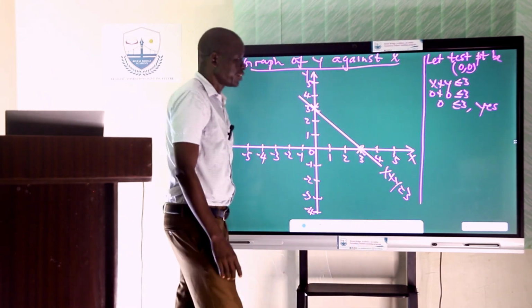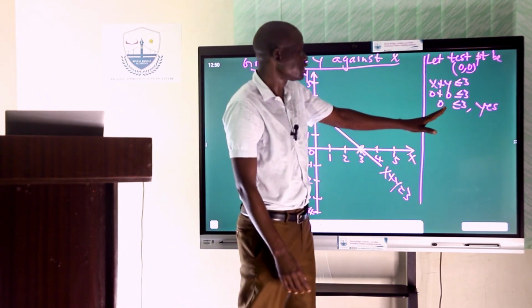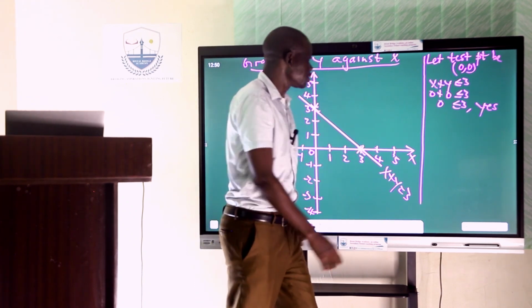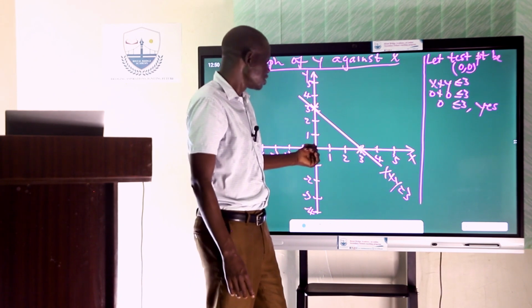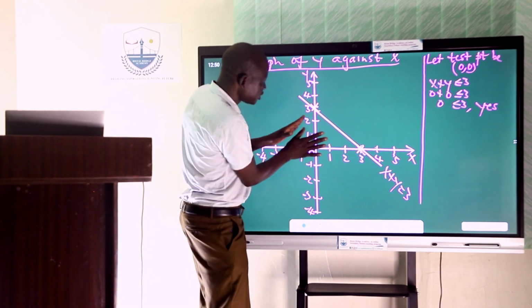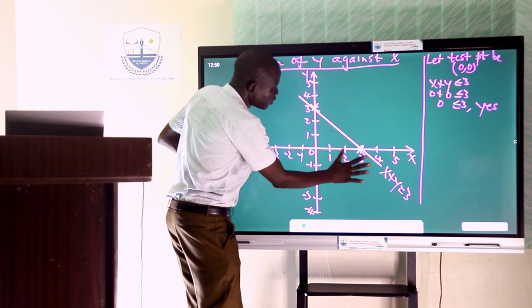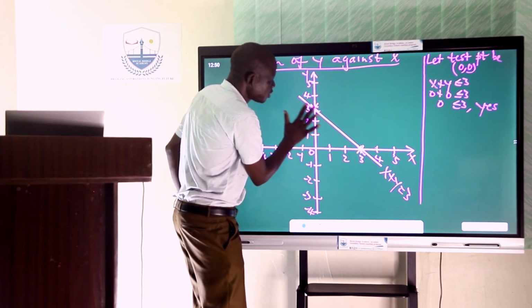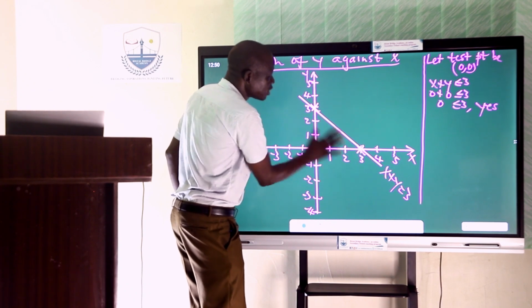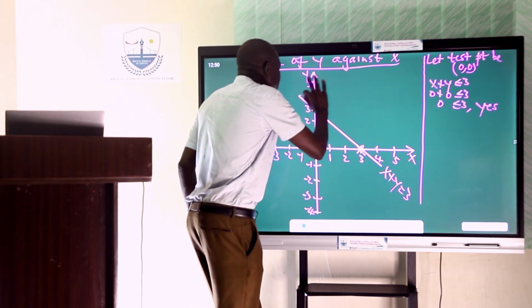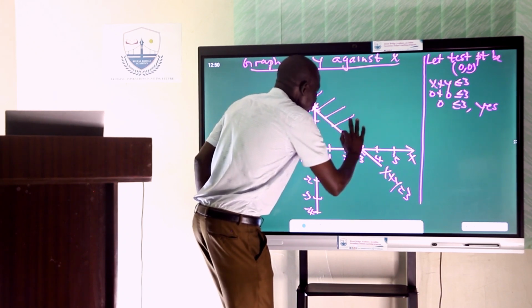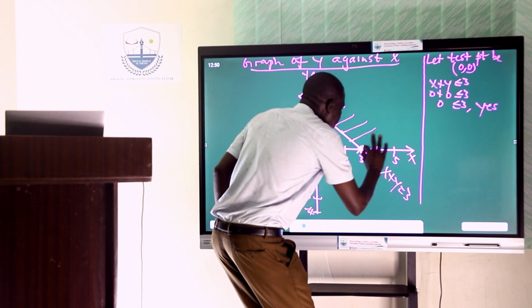Since it's yes, it means that it satisfies the inequality. Where you chose that point, this region here, all of this satisfies the inequality. So this is the wanted region. If this is the wanted region, it means behind this line it is unwanted. So we shade the unwanted region. So this is the unwanted.